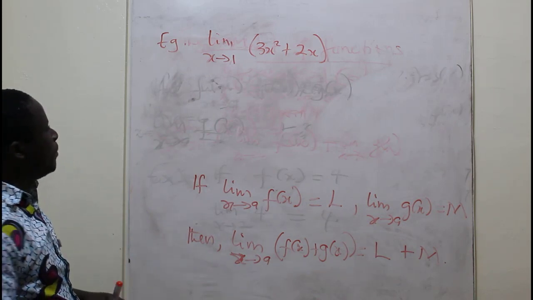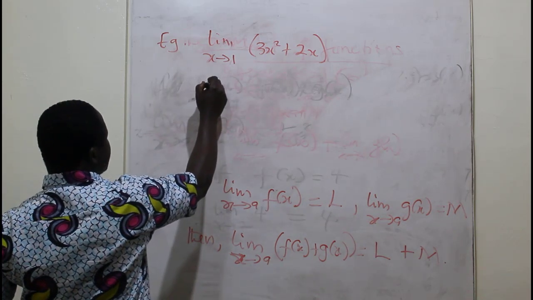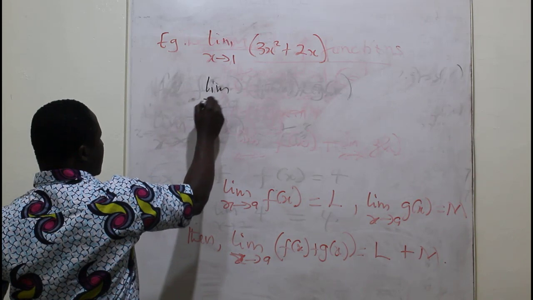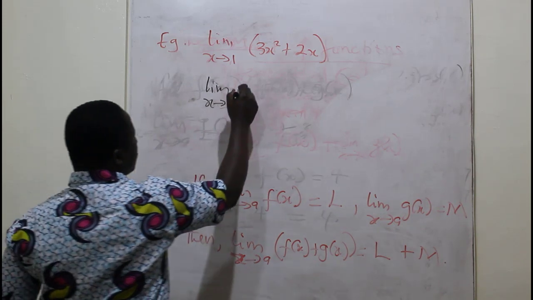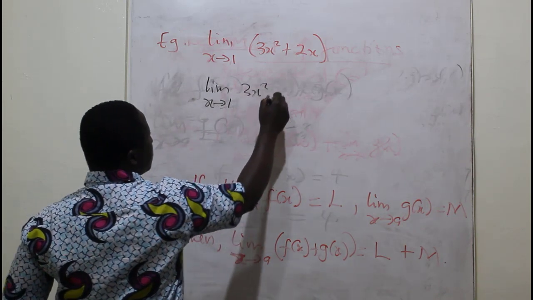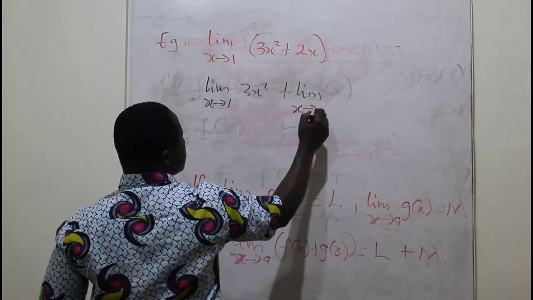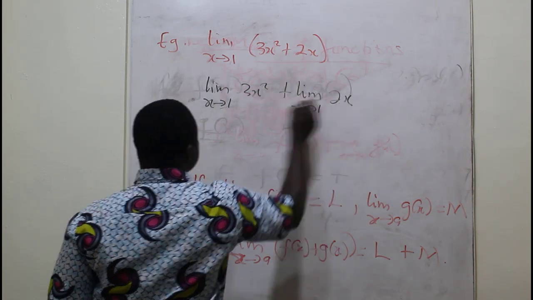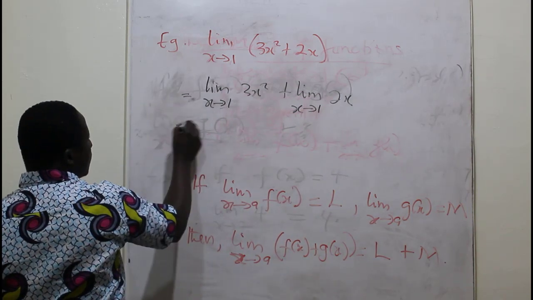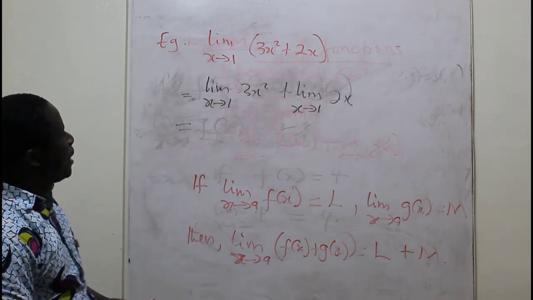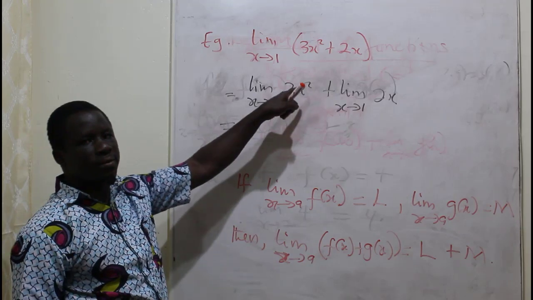So to get the limit, per the theorem, you have the limit as x approaches 1 of 3x squared plus the limit as x approaches 1 of 2x. And don't forget, x is not 1 but approaching 1.